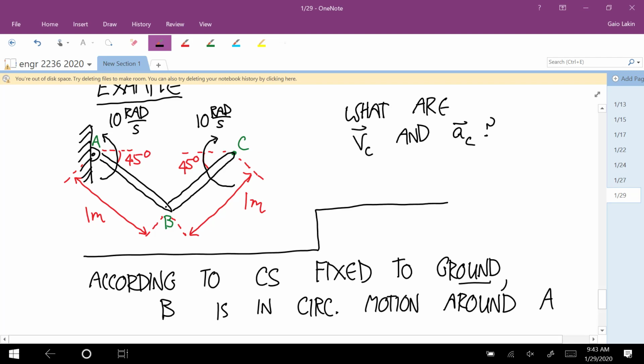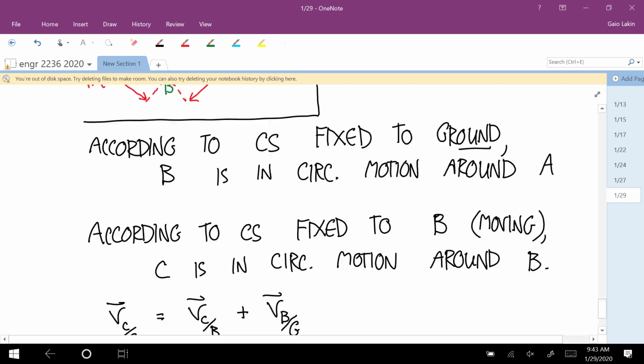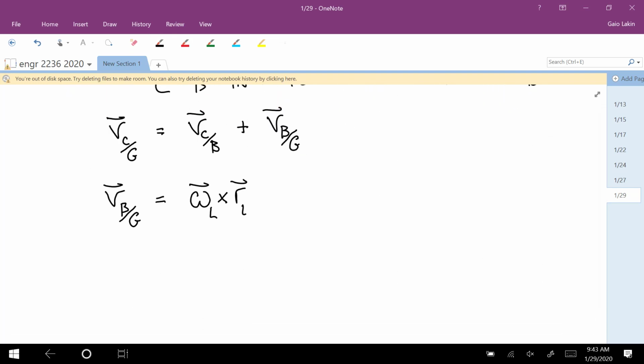What's that as an angular velocity vector? Right-hand rule. X is that way, Y is that way, Z is out. So 10 radians per second in the positive Z direction. So 0, 0, 10.